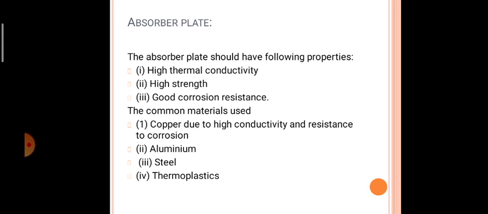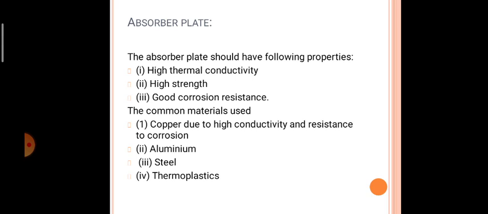Since metals are the best absorber plates for solar radiation, having high thermal conductivity, it is to be noted that the metal we take should have good corrosion resistance. The common materials used are copper, aluminum, steel, or, recently, thermoplastics.